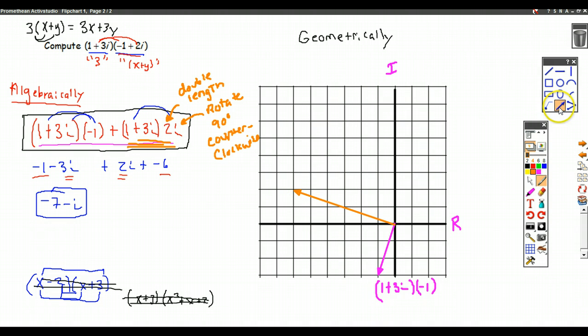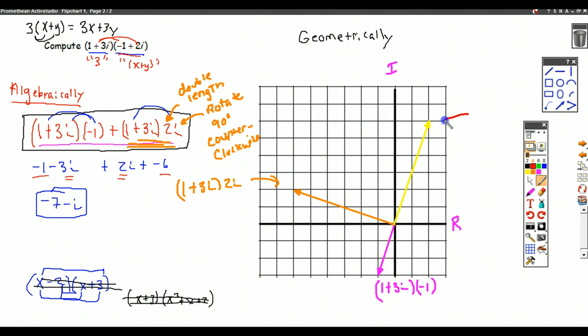So after all that, this here is my 1 plus 3i times my 2i. Just checking here. Yep. Okay, and again, I'll put in really light yellow what the original was, so you can see that it's indeed 90 degrees there.